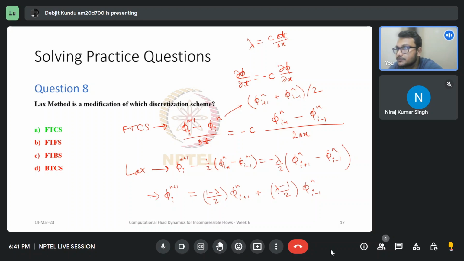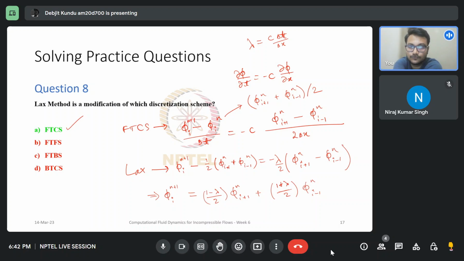So lambda minus 1 by 2. I hope I'm doing this correctly. This is minus, send it over that way. Oh, sorry, this is plus, right? So that way it becomes plus half and plus 1 by lambda. So 1 plus lambda by 2. Right. So Lax method is basically a modification of this FTCS scheme.